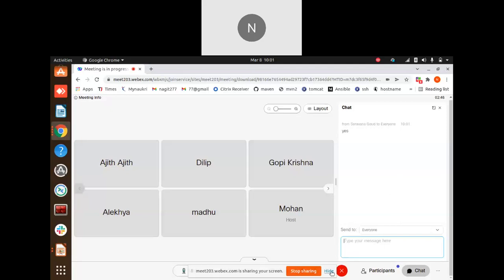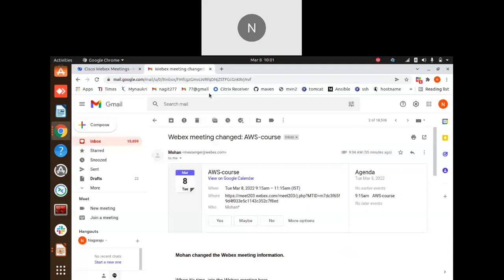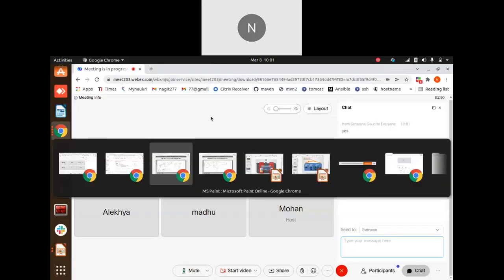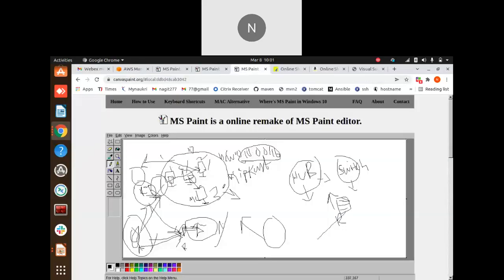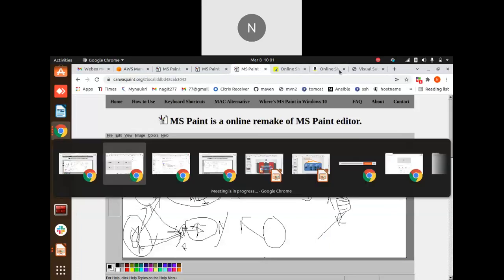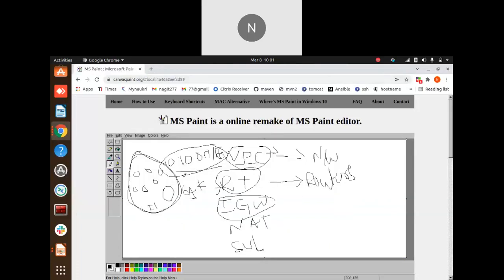Okay, I was talking about the VPC, right? Inside this VPC, VPC means it will have a certain amount of IPs. If we are talking about the Flipkart application, Flipkart has their own network, and inside it they will have multiple things.